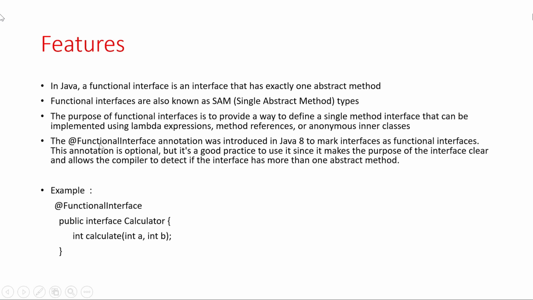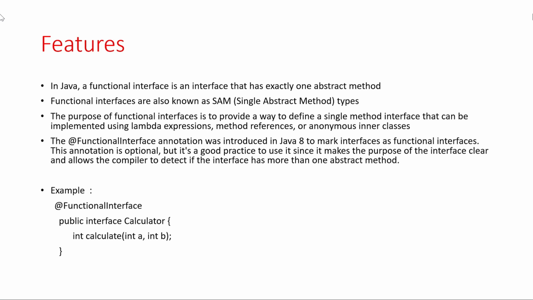Coming to the functional interface annotation, which was introduced in Java 8 to mark interfaces as functional interfaces. This annotation is optional, but it's a good practice to use it since it makes the purpose of the interface very clear and also allows the compiler to detect if the interface has more than one abstract method or not.